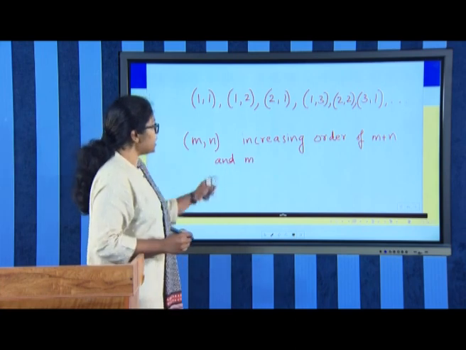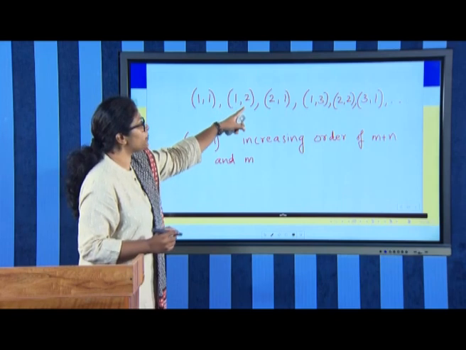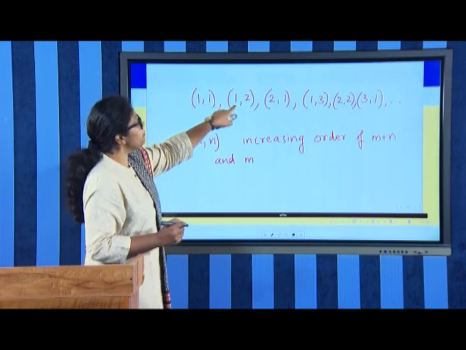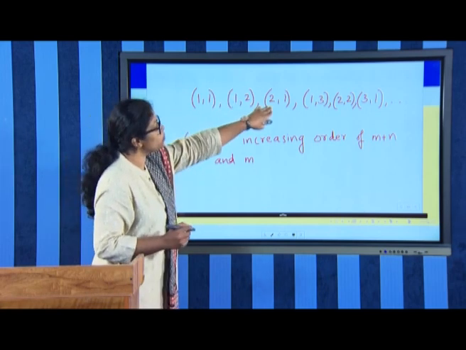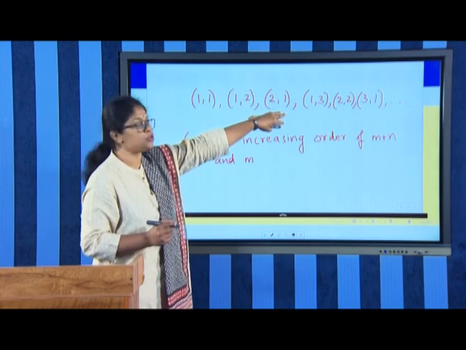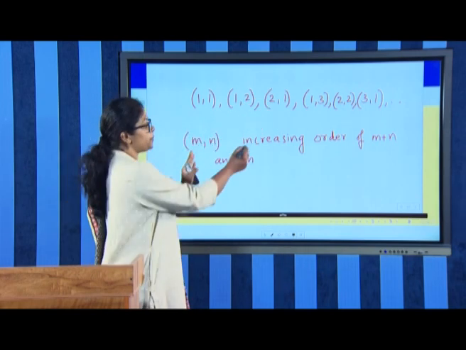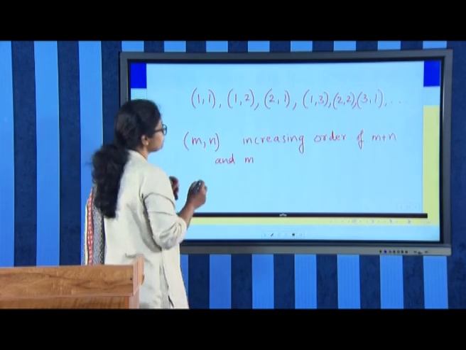Because we can see, the ordered pair (1, 2) is in the second diagonal before (2, 1). So (2, 1) comes next to (1, 2). So (m, n) appears in increasing order of m plus n as well as the first element m.